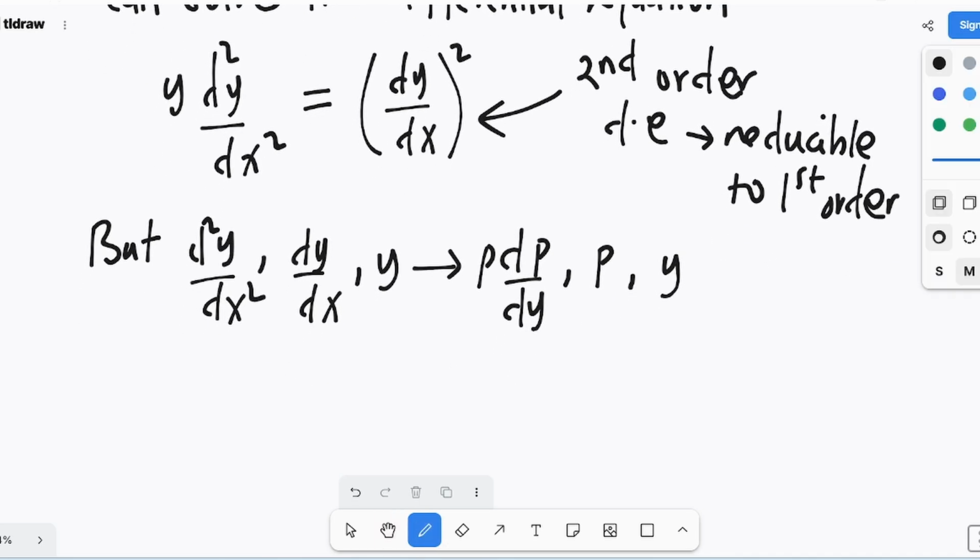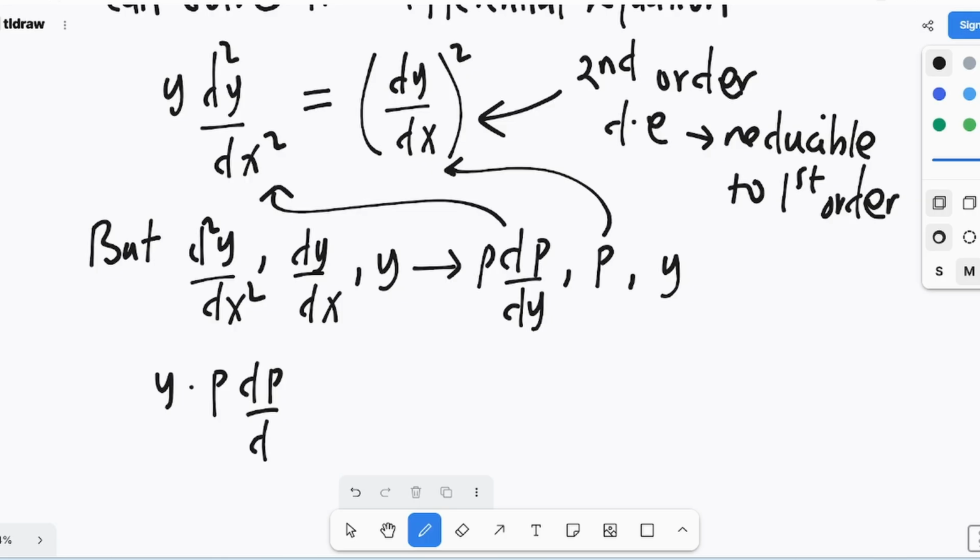Where there is a second derivative, we put p dp/dy, and where there is the first derivative, we put p. So we shall have y times p dp/dy is equal to p squared.